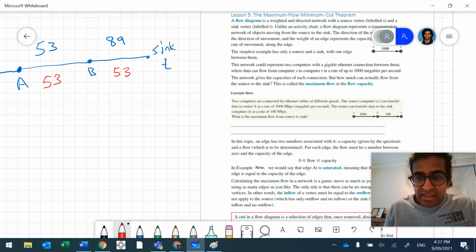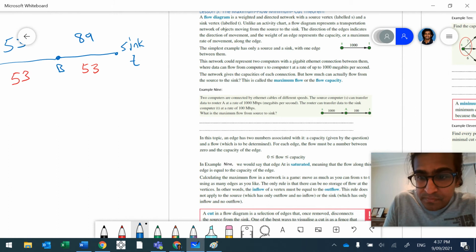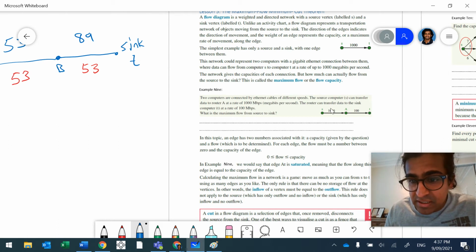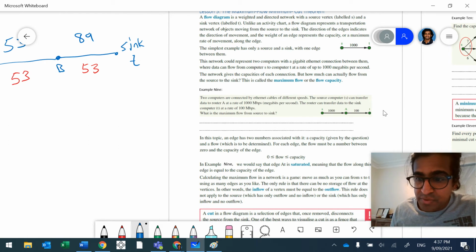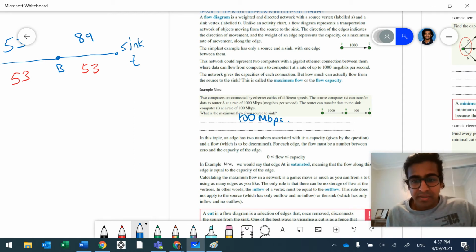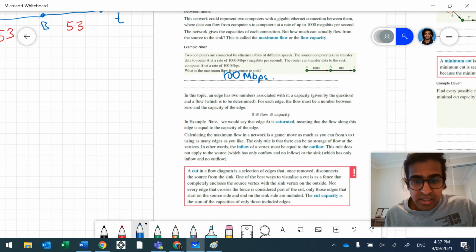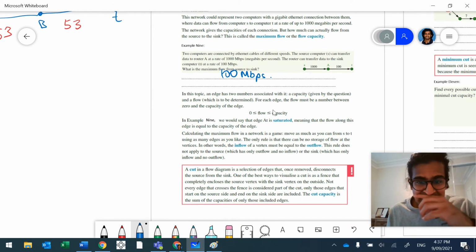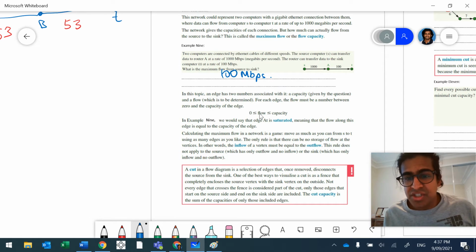So if we think about this example over here, the maximum flow from source to sink is 100 megabits per second. And then we have a bit more information, a little bit of a relationship there saying that the capacity is at least as large as the flow, which is what that means there.